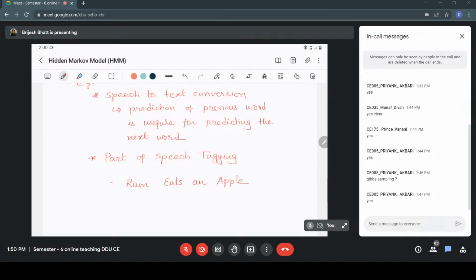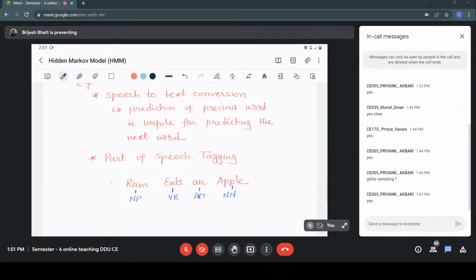for example, the words are Ram eats an apple. The corresponding tags will be proper noun, verb, article, and noun. This is called part of speech. Ram is a proper noun, eats is a verb, an is an article, and apple is a common noun.